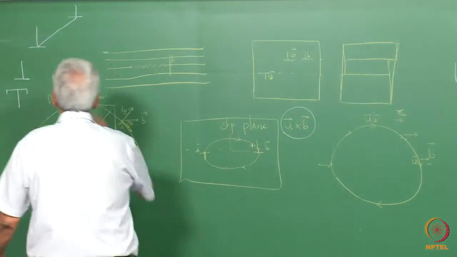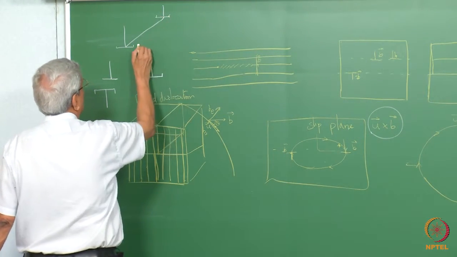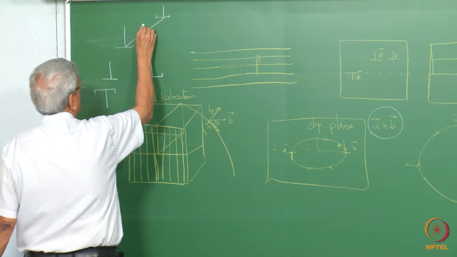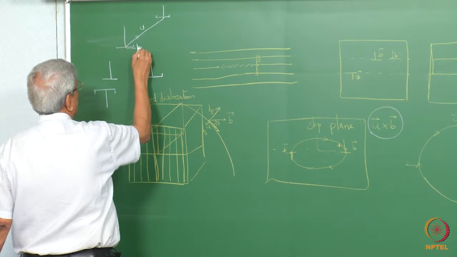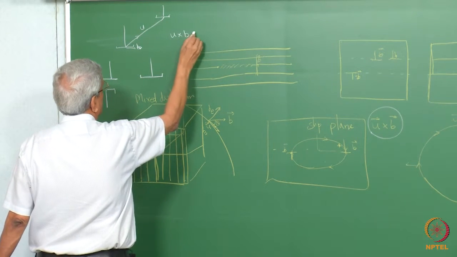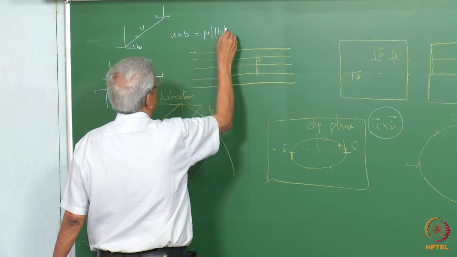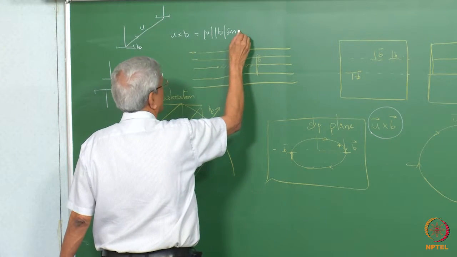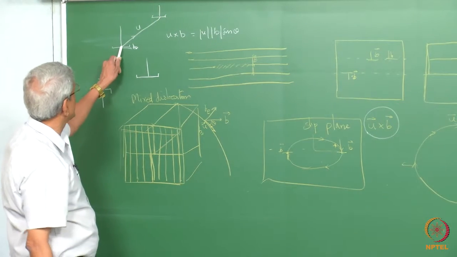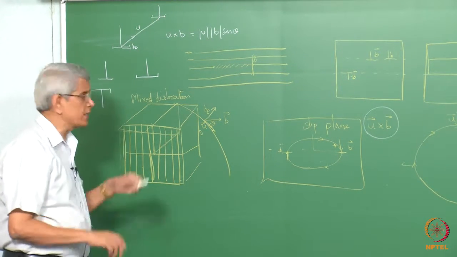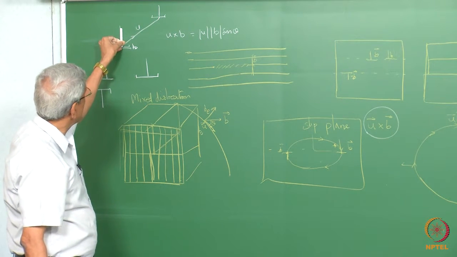Using that symbol, if you try to draw, this is the line direction U and the Burgers vector is in this direction B. If you take U cross B, which is equal to modulus of U into modulus of B into sin theta, the angle between them, this defines an area, and the vector perpendicular to it represents the plane normal.